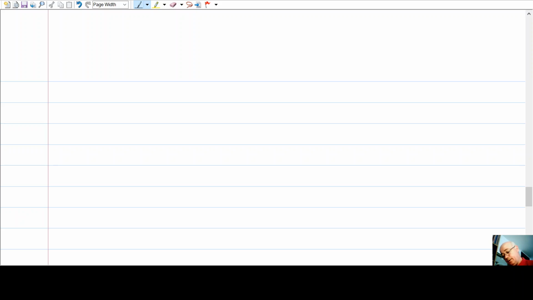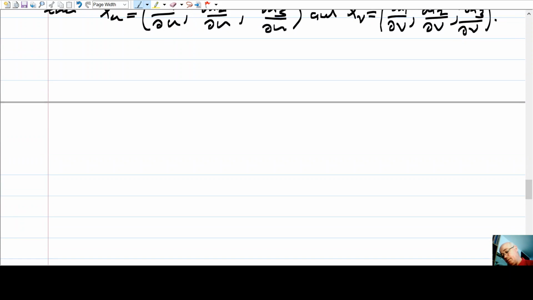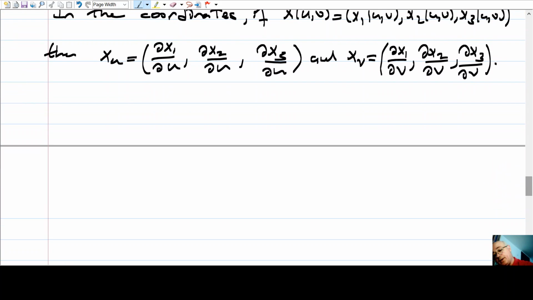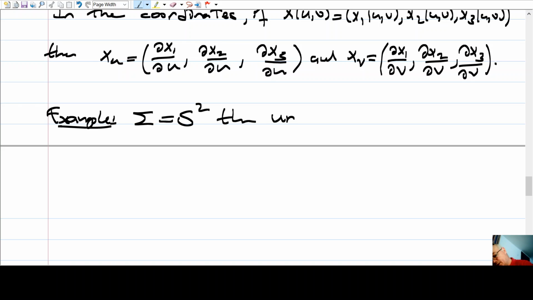Okay, let's consider some examples again. First we consider again the unit sphere example.